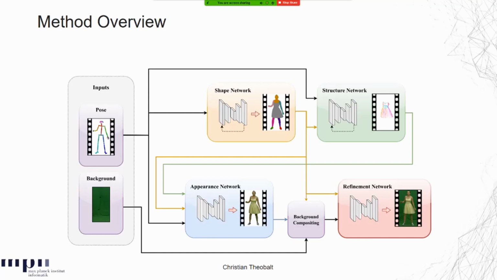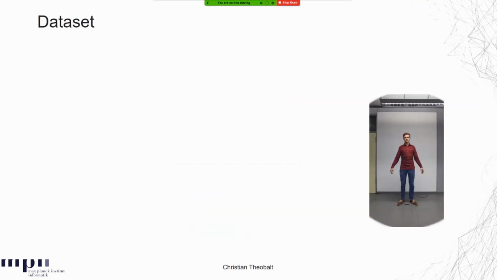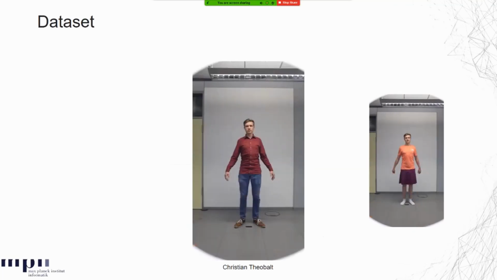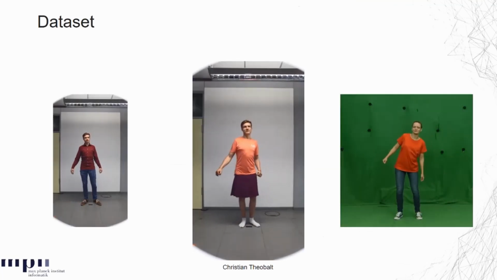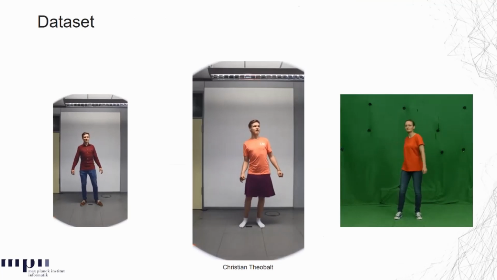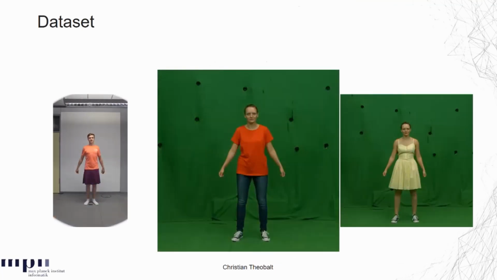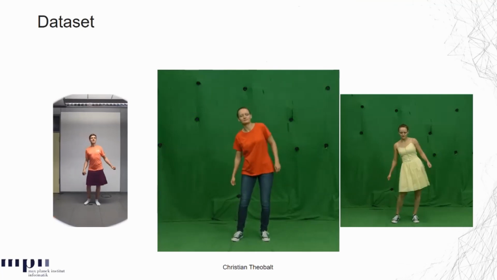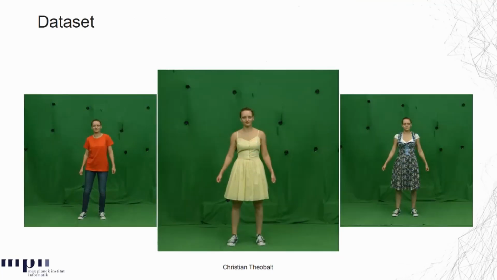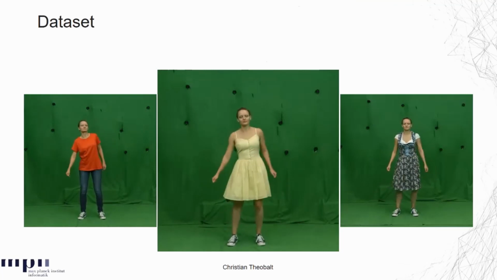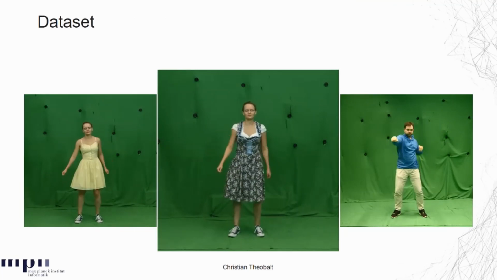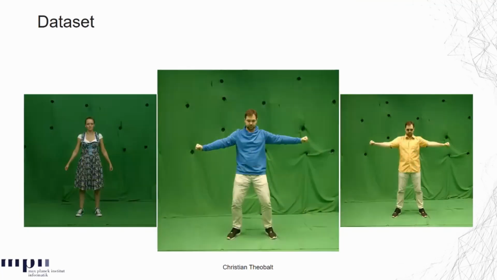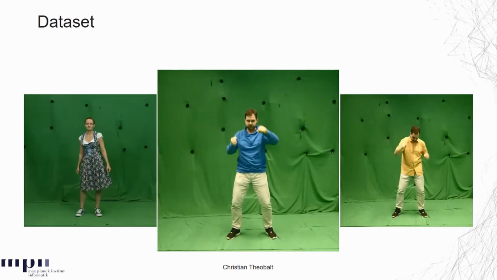static background. For our experiments, we capture videos of up to 10 minutes showing target actors in a variety of clothing. Our dataset comprises simple jeans and t-shirts, a swinging skirt, a loose t-shirt, as well as two dresses with more complicated texture and wrinkle patterns, as well as a hoodie and a shirt.